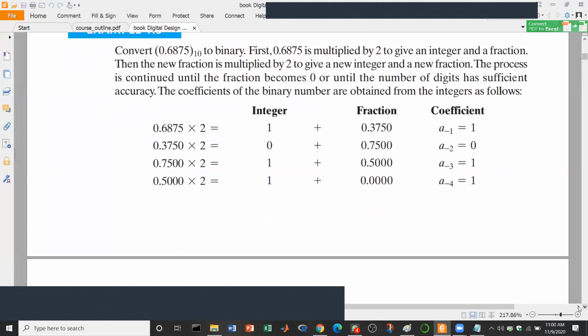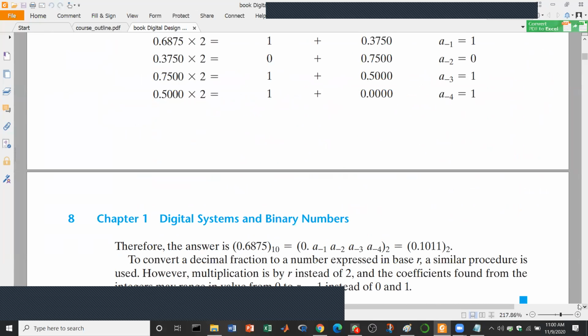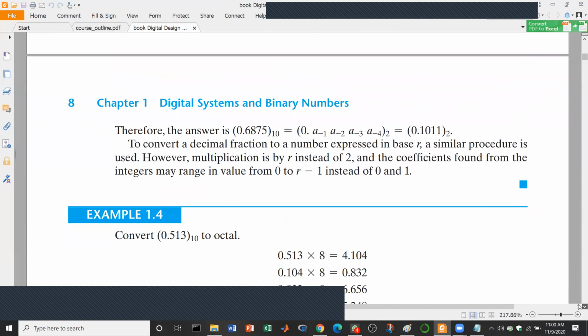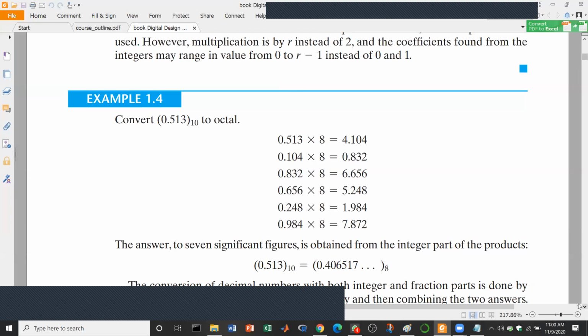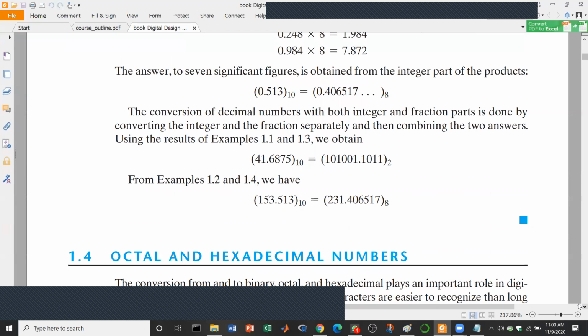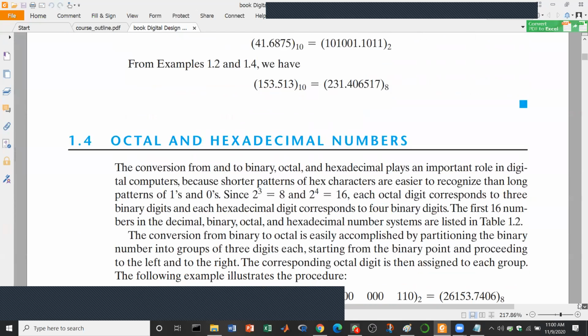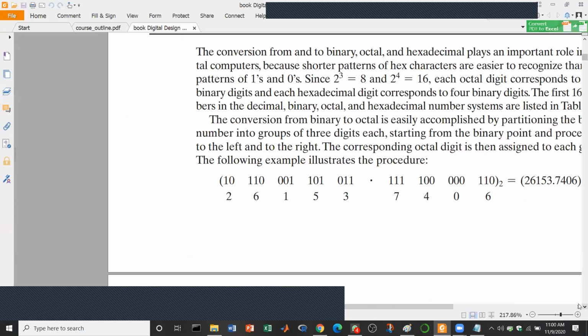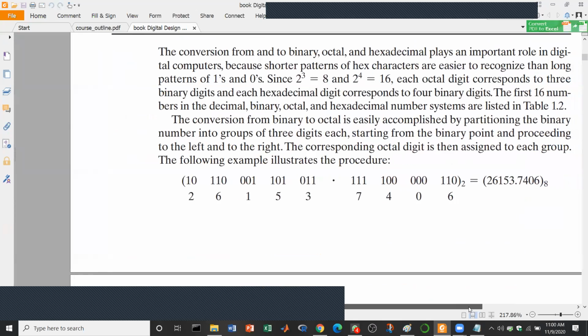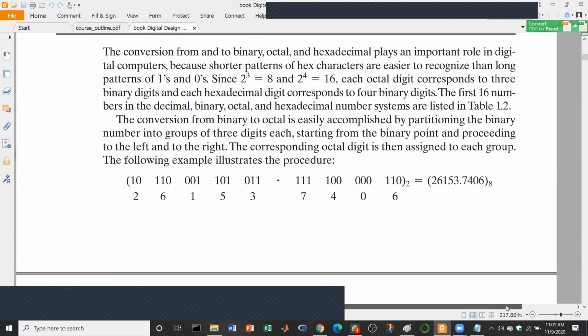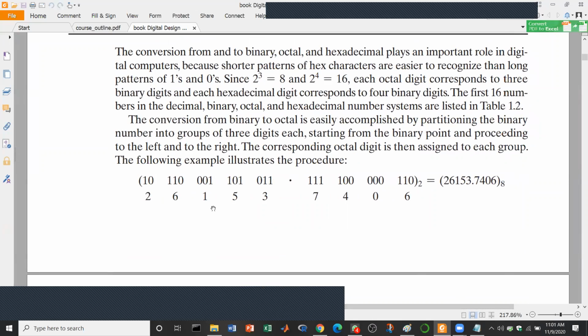We have different calculators which can do this task for us, but we are interested in how we can convert a binary number into an octal number. So here we focus on this example, and I use the annotations as well.